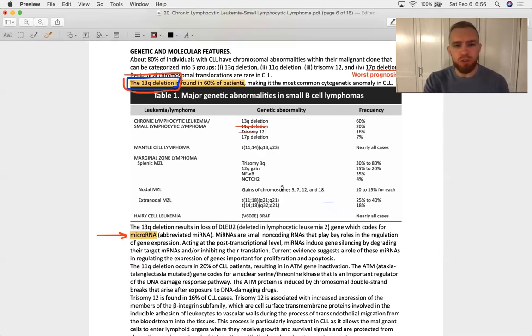I do want you to recognize that mantle cell lymphoma, while we're on this table, mantle cell lymphoma and marginal zone lymphoma both have particular translocations, 11;14 for the former and 11;18 for the latter.